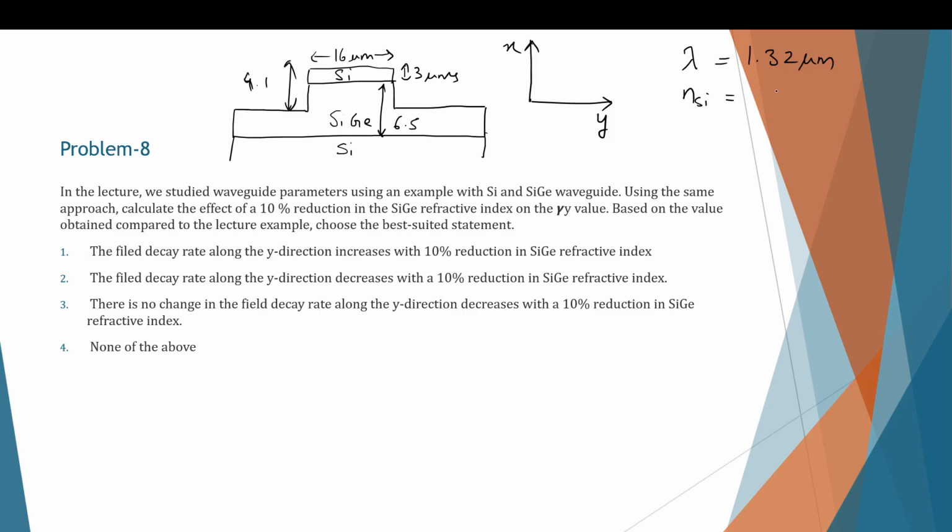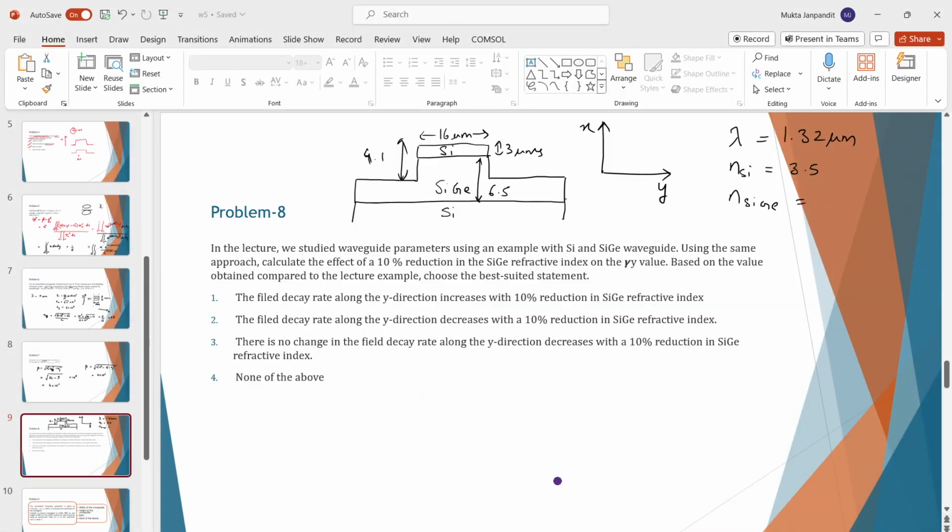Silicon refractive index is 3.5. Silicon germanium refractive index they have given as... do you have the value? I actually lost it. I'm on the way, ma'am. I'm just observing. Okay, I'll check.